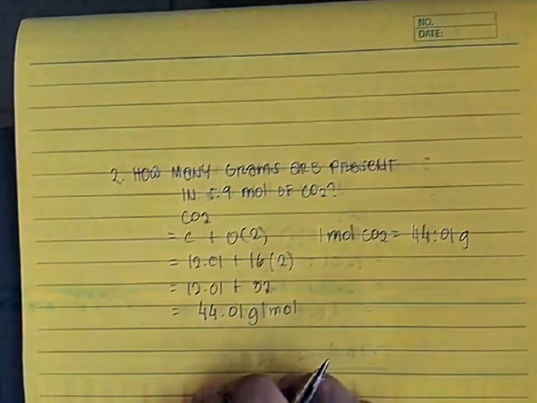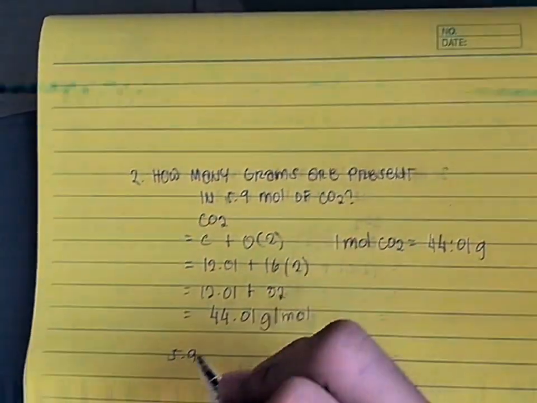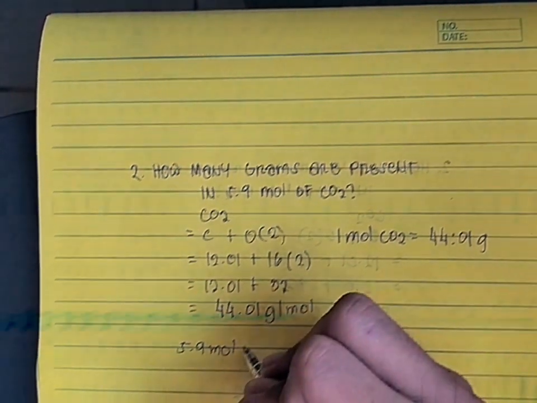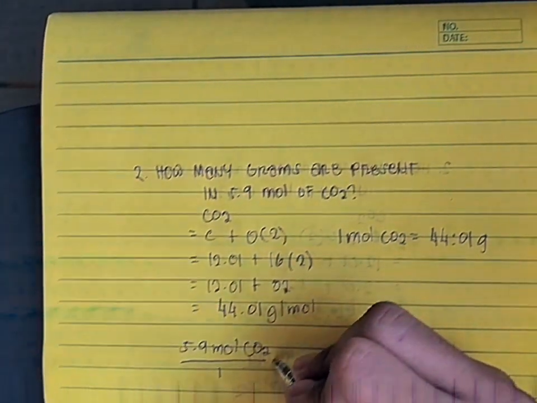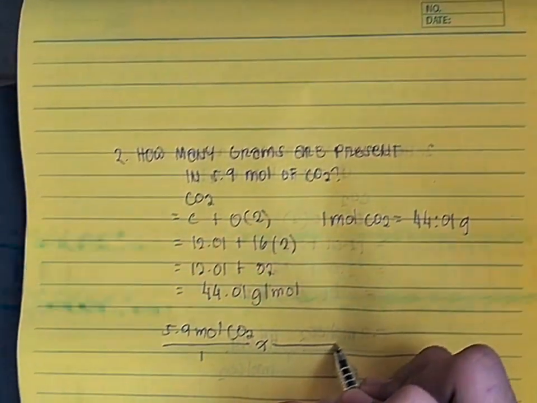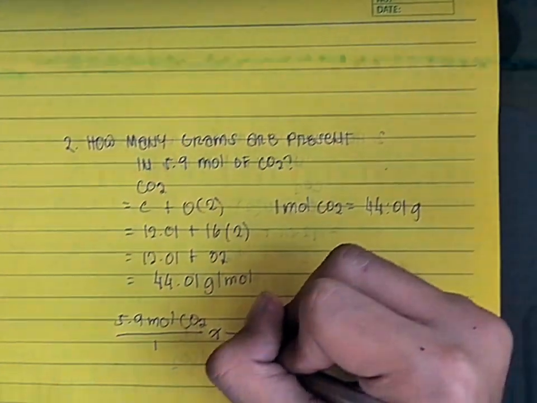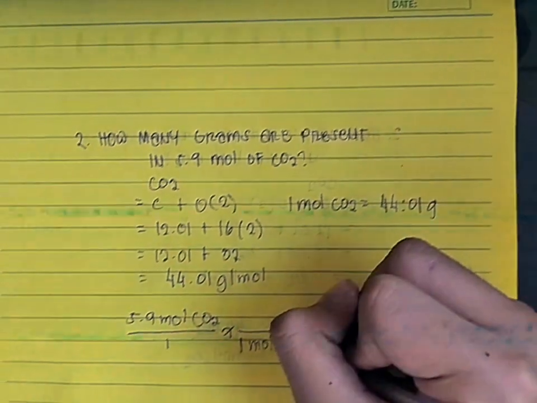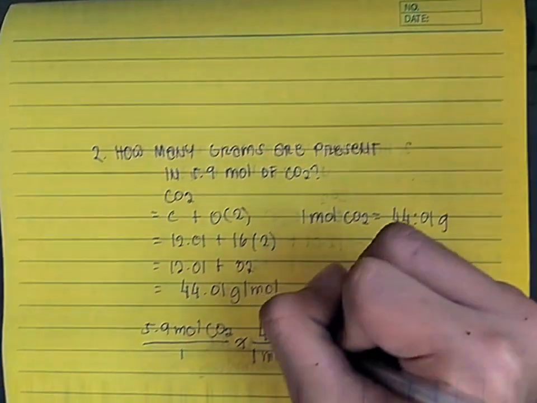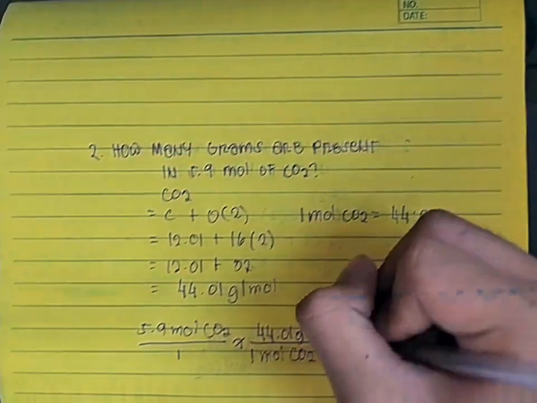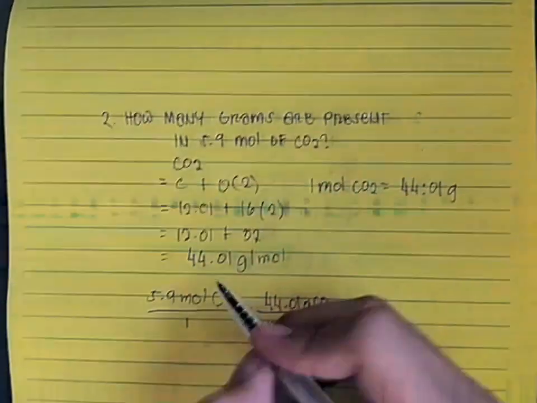In calculating, first we write the 5.9 moles of CO2 times the second fraction, which has at the bottom 1 mole of CO2 and at the top 44.01 grams of CO2. So the unit mole will be cancelled.